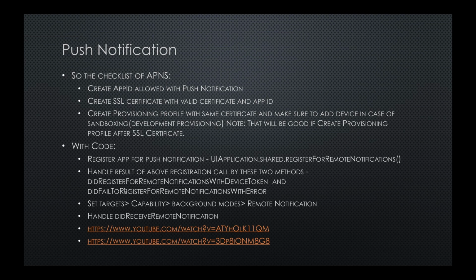One is didRegisterForRemoteNotificationsWithDeviceToken, and one is didFailToRegisterForRemoteNotificationsWithError. So one is called when you are successful and you have received the device token, and one is called when you fail to register for remote notification and there's some error.